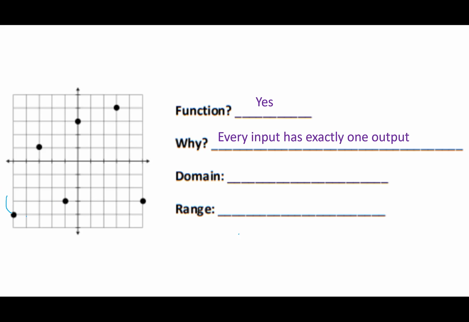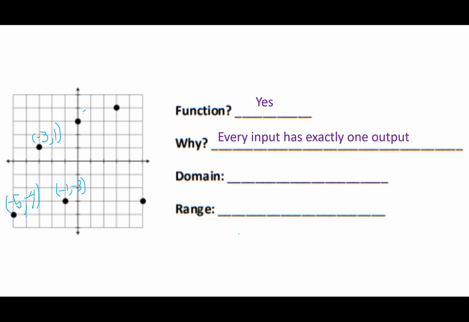All right, so listing my points, I've got to go left, which makes it -5. And I go down 4, which makes it -4 here. My next point is going to be, well, let's see, I go left 3, so -3, up 1. Got the point here, -1, comma, go down 3.